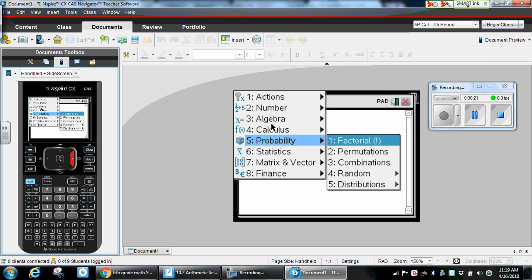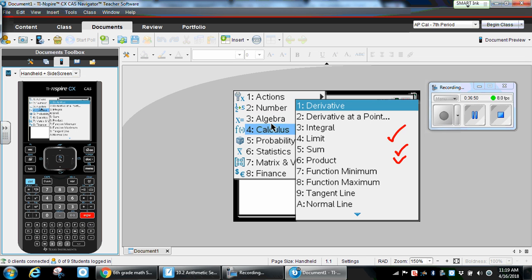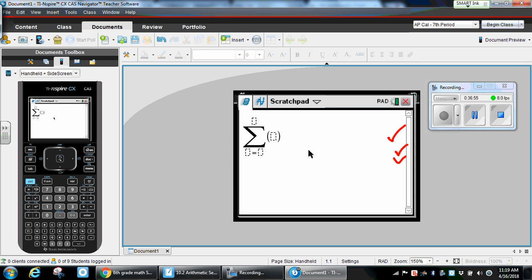And then the other ones that you see here, permutations, combinations, we're actually going to be using them in the next sections from 10.5 through 10.7, which will be the last one from chapter 10. Okay, so today what I want you guys to use is the calculus function. So again, you go to menu, calculus, which is 4. And then we're going to use the number 5 for sum.